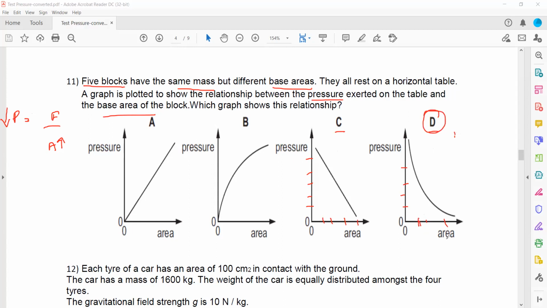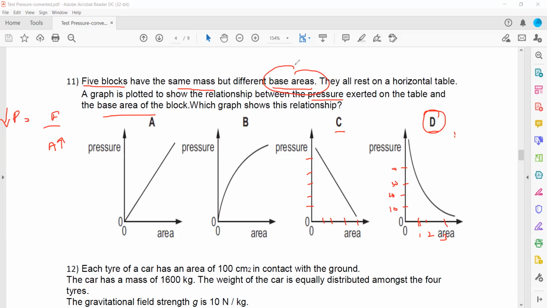Like here, area is 1, 2, 3, pressure is 10, 20, 30, 40. They mentioned they're changing the area. They did not say area is decreasing or area is increasing. They simply mentioned they're changing the area. Because 5 blocks are there, they have different base areas.